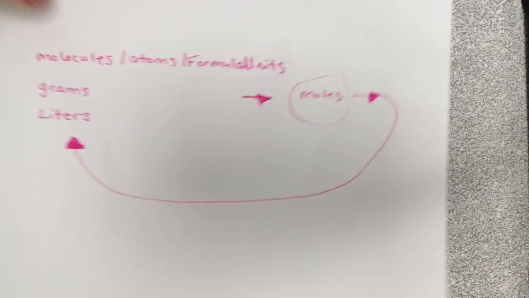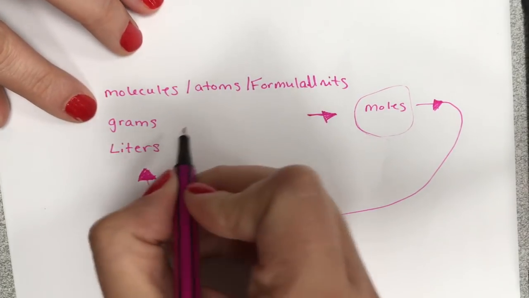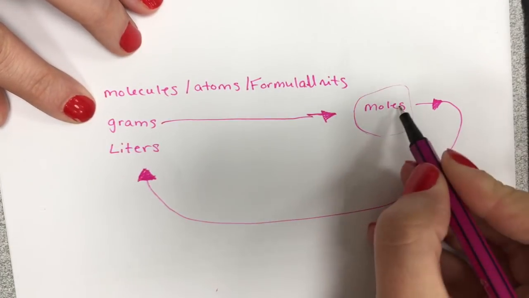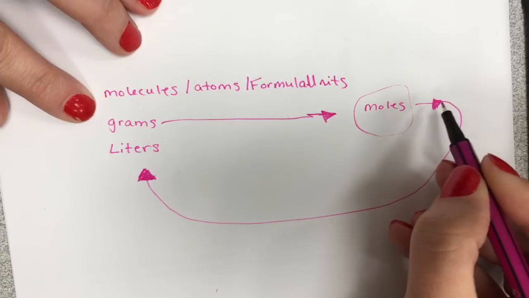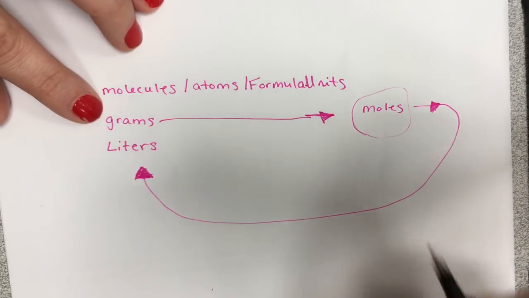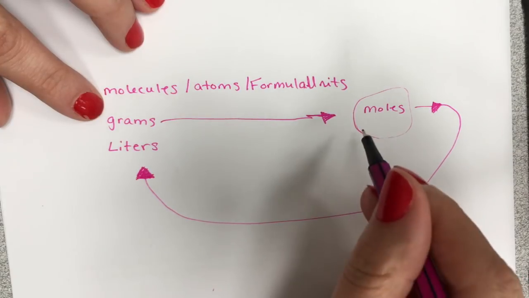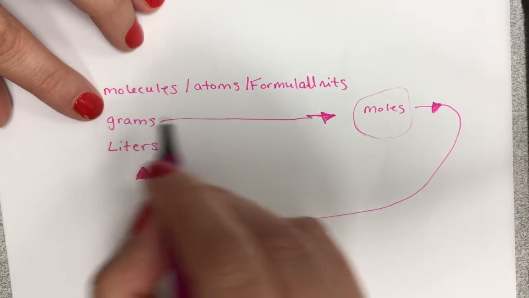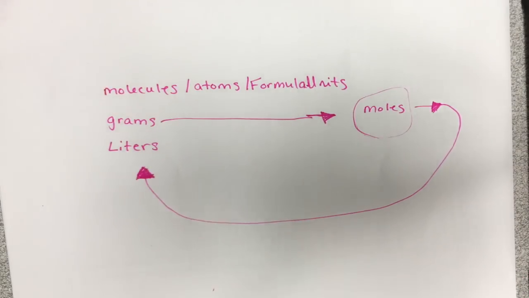So that means we go from grams to moles, and then from moles to grams. Make sure you know that. If you're not given moles or asking for moles, you're going to have to do this conversion, and that's why you know all of those different constants, like liters and grams and moles.